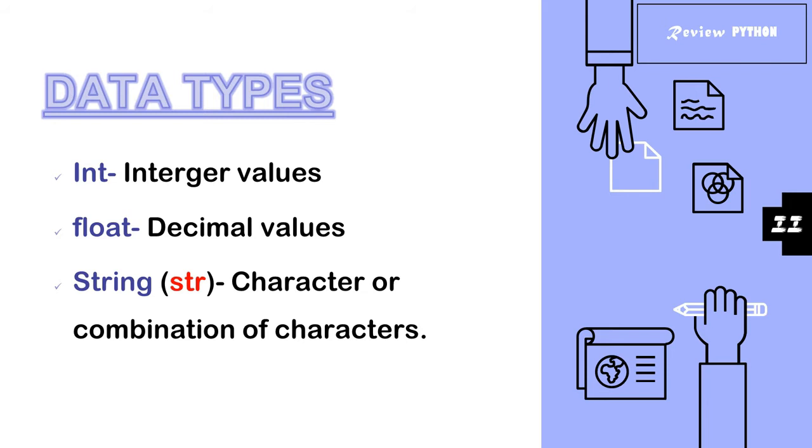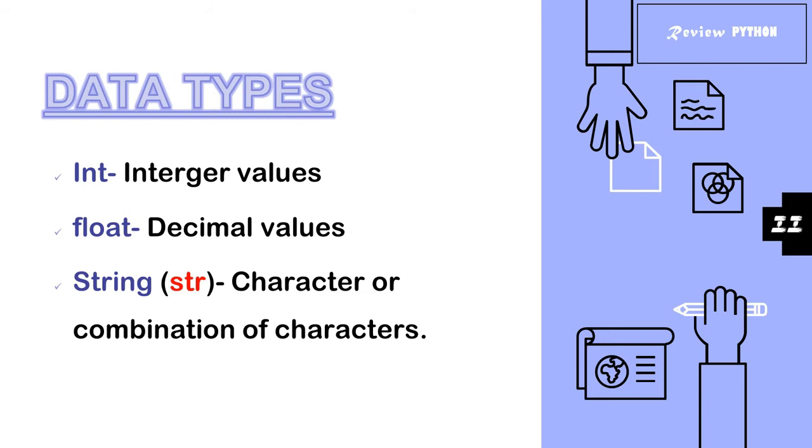If we are using those numbers and entering them into a variable, we can use the float data type. And the last one is the string. This is for characters or combinations of characters. Basically if we are writing any word in single or double quotes, that is a string. So these are the three data types that are used here.